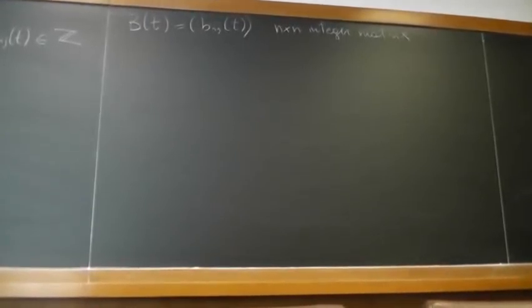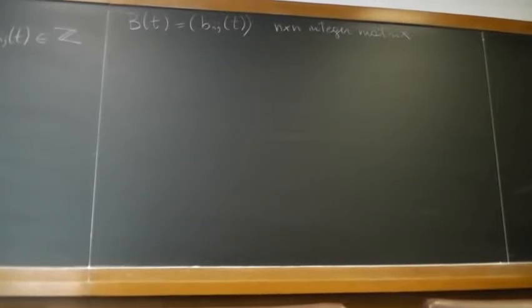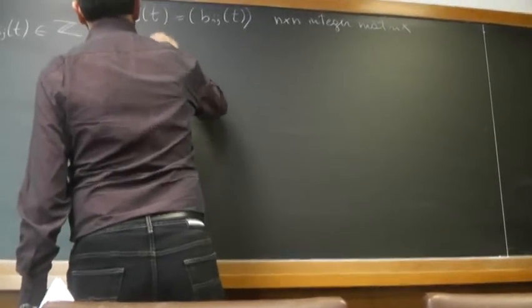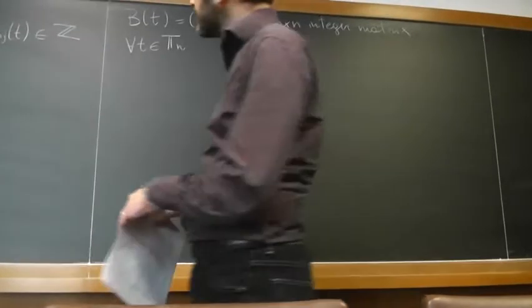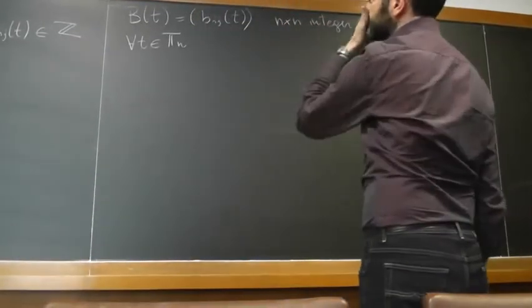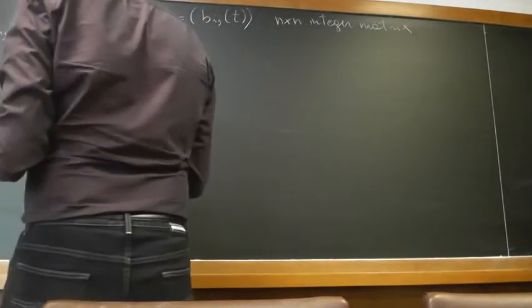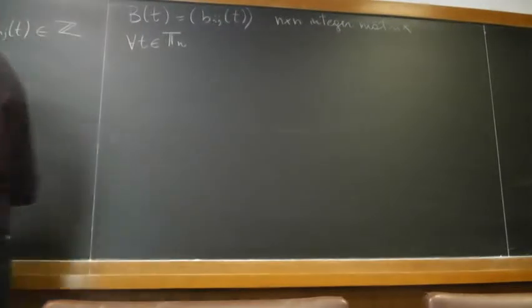So, and maybe we start making some observations on these matrices. This is defined for all t in the graph. It's a square matrix. Well, of course, if we consider the matrix B of t prime, you can write these monomials also in this form.